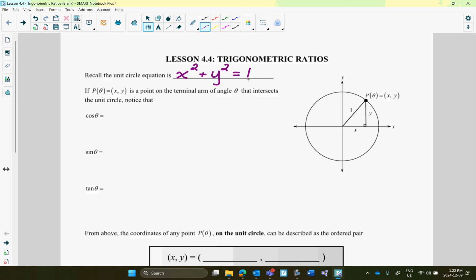What's the ratio for cosine? When we did trig ratios, it was always a ratio of one side of a right triangle over another. Opposite over hypotenuse for cosine? Remember SOH CAH TOA?